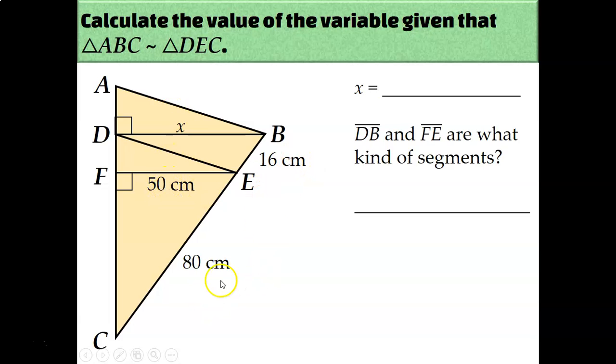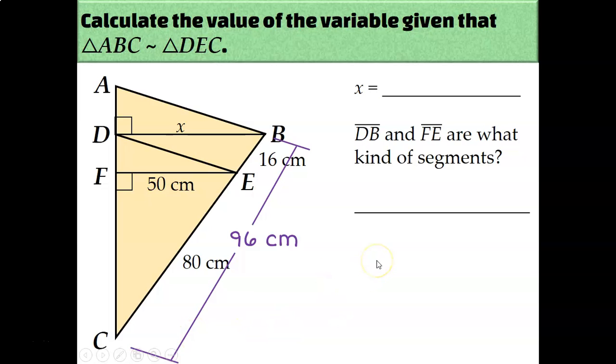Now let's look at these side lengths that I've been given. Well, 16 isn't actually a side length of a triangle that I care about, but 80 is. 80 is one of the side lengths of triangle DEC. So we need a corresponding side length on triangle ABC. Well, I could figure that out by adding these two lengths together. The corresponding side length to 80 would be 96, because 80 plus 16 is 96.